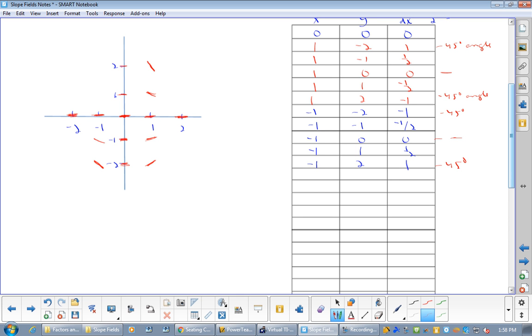Okay, and then I got 1/2, and then I got 1. Okay, you can see that there's kind of a mirror image going on opposite sides of the y. Okay, now you can see these do take a long time.